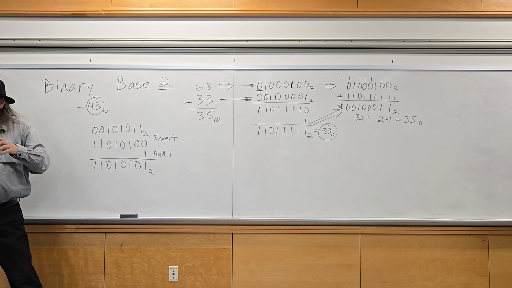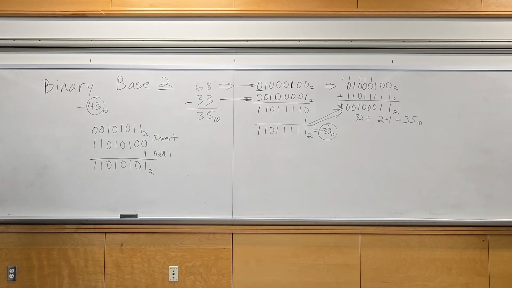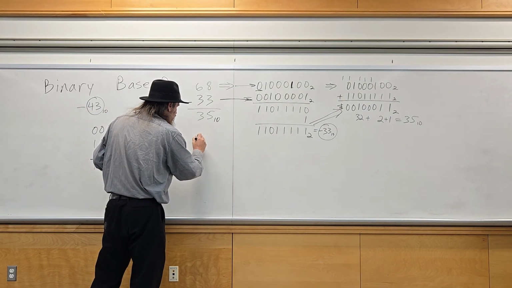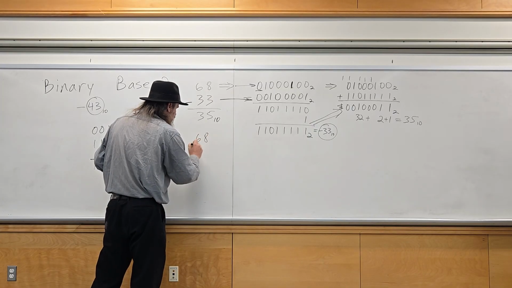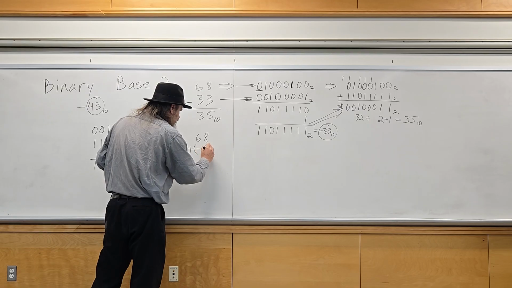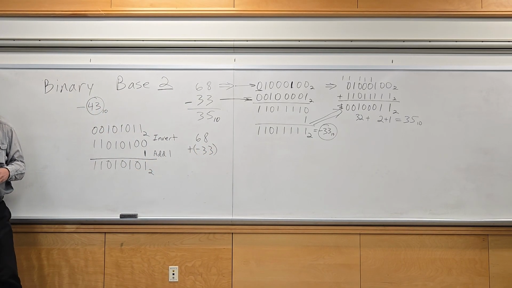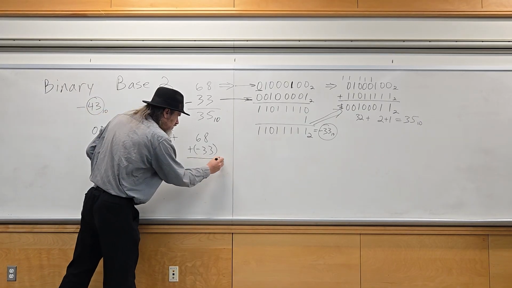Adding a negative number is the same as subtracting that number, isn't it? It's basic algebra. So this is the equivalent of doing 68 plus negative 33, right?